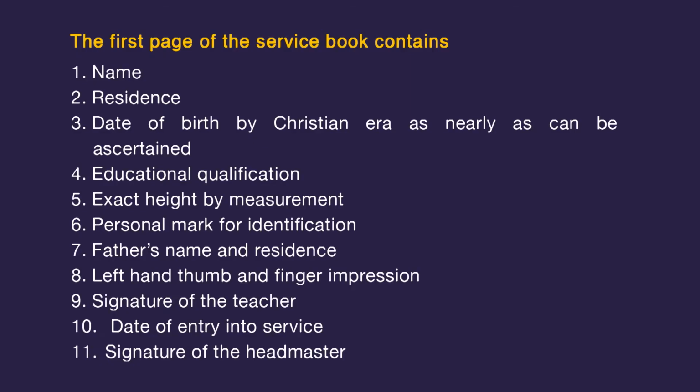The first page of the service book contains the following information: name, residence, date of birth by Christian era as nearly as can be ascertained, educational qualification, exact height by measurement, personal mark for identification, father's name and residence, left hand thumb and finger impression, signature of the teacher, date of entry into service and signature of the headmaster.